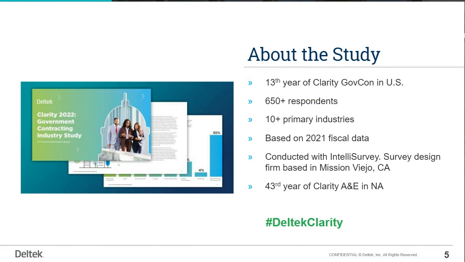We also have studies that focus on architecture and engineering and construction. We hire a firm that does interviews for 650 different employees in the industries that we serve. We do these interviews at the beginning of 2022, so it is based on 2021 fiscal year data.